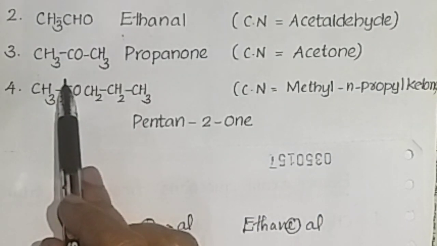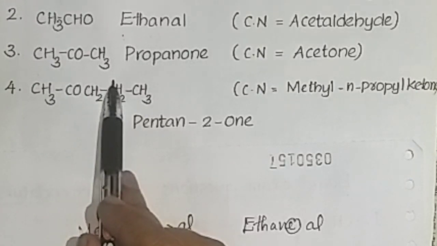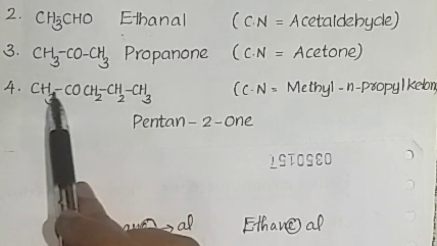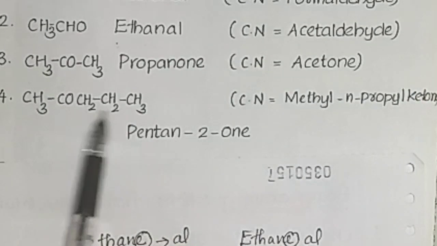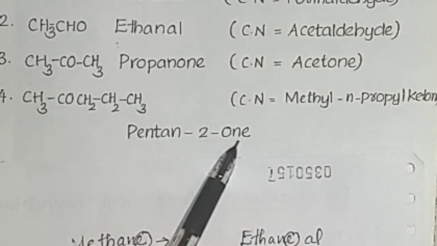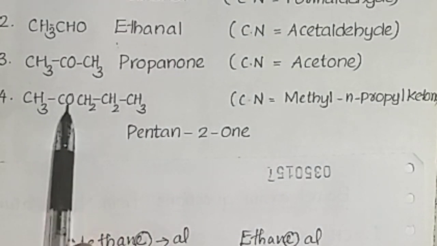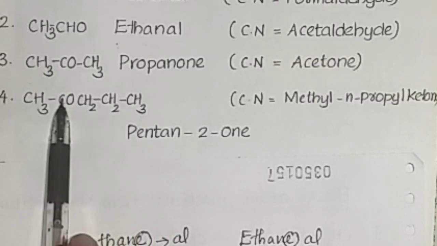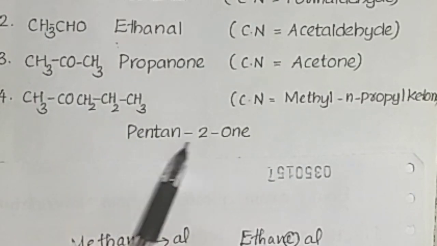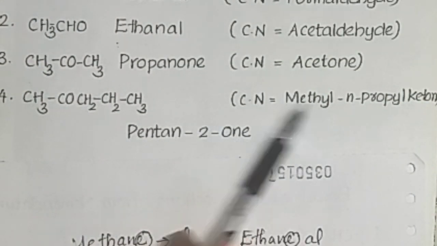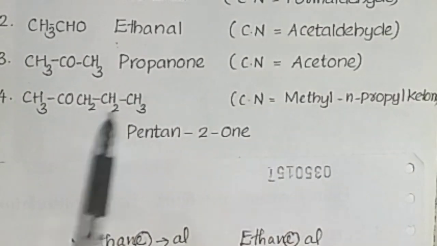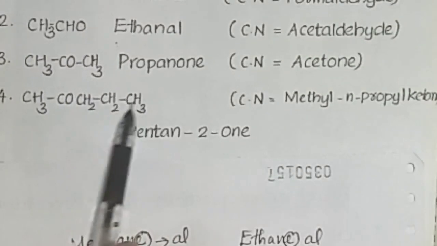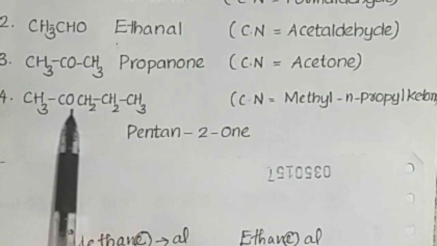So normally in pentane E is replaced by one, but here the CO group is on the second carbon atom. So this is pentan-2-one. Common name is methyl normal propyl ketone, that is, straight chain normal propyl.